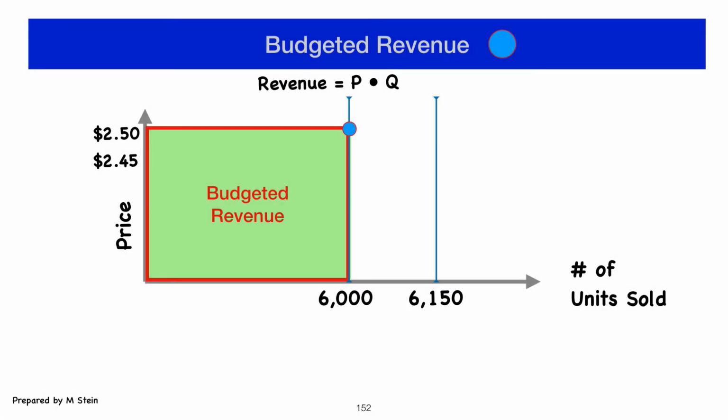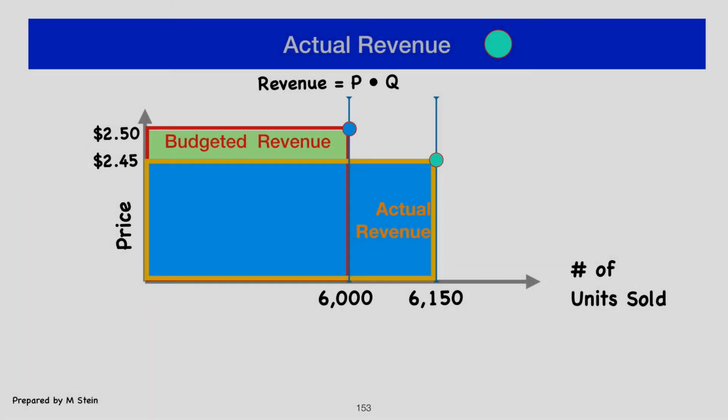Another way of looking at this is that the budgeted revenue equals the budgeted quantity times the budgeted price, and therefore the revenue is just the area shown in the red box. We can now add the actual revenue as the actual quantity, 6,150, times the actual price, $2.45. You can see the two dots.